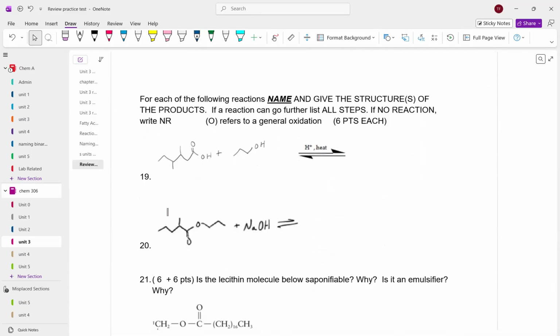Okay, so we have an acid and an alcohol. That makes an ester. So the backbone. So that's 1, 2, 3, 6.